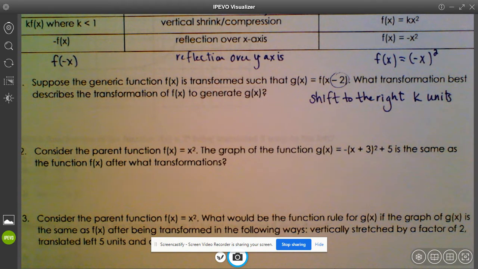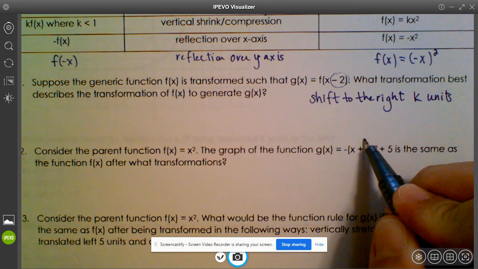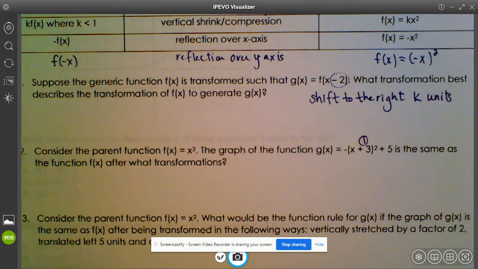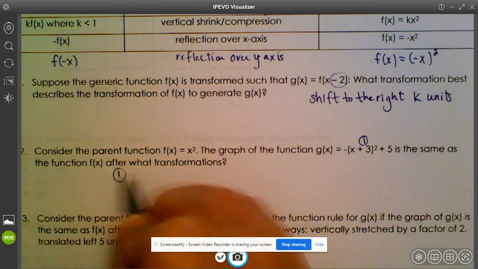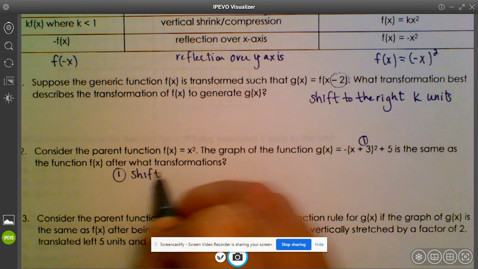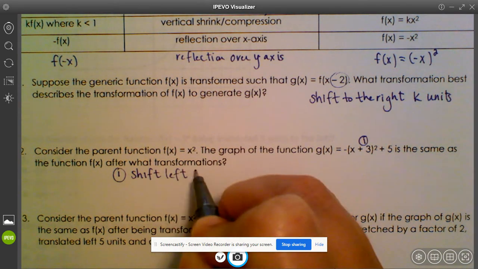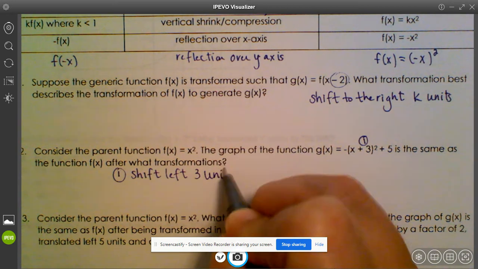The order of operations says do what's inside the grouping symbols first. So that's what we're going to do first. And notice when we add inside, that means we're going to shift left 3 units.